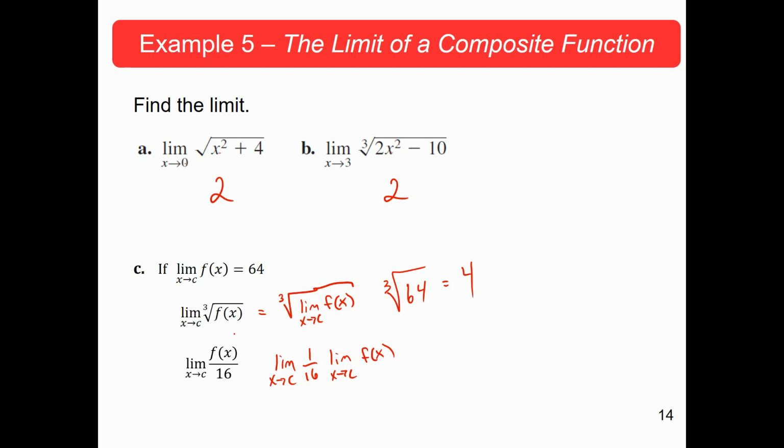Because it's a product, right? This is like saying 1/16 times f of x. And I know that the limit of a product is the product of the individual limits. Since 1/16 is a constant, it's just a constant. The limit of f of x is 64. So I've got 64 divided by 16. That's 4.